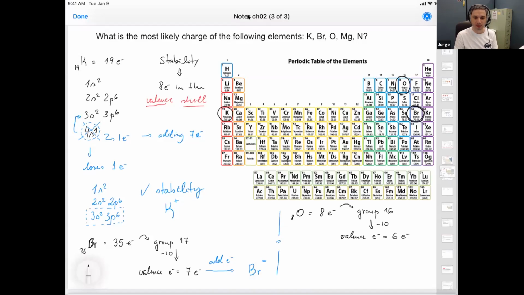First question, is oxygen stable by itself when we have a neutral charge? The simple answer is no, because to be stable, we must have 8 electrons in the valence shell, and in this case, we just have 6. There is always 2 options, guys. Either lose all of them or add electrons to achieve 8.